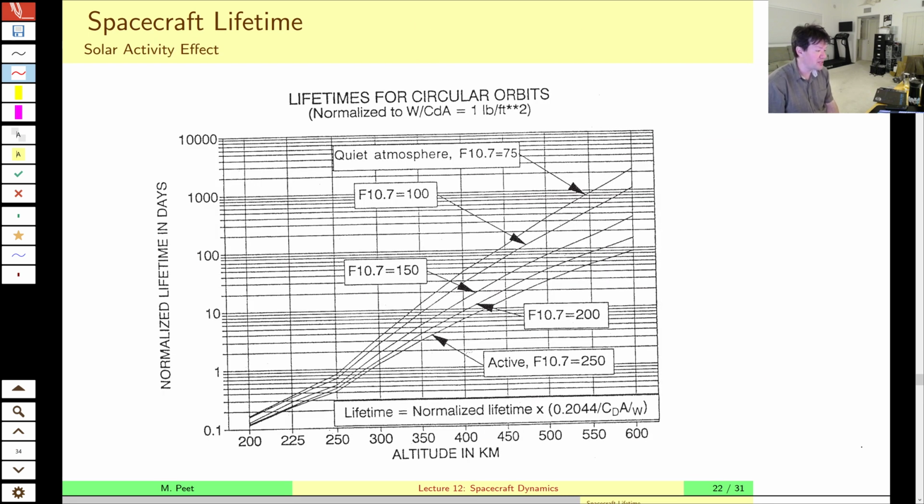So here's how the lifetime varies with, of course, the atmosphere, right? And so we're going to be focusing again on that 350 kilometer range. This is for a nominal ballistic coefficient of 1. Again, this is in customary units.